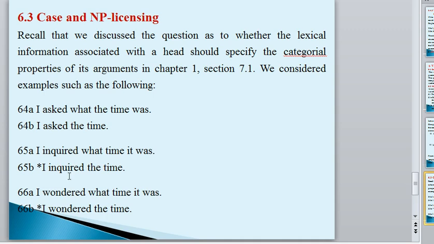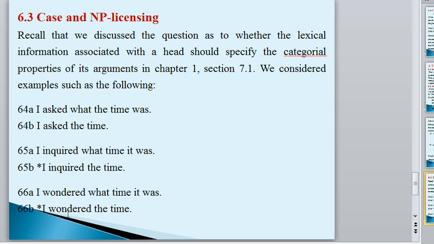That's okay, but we cannot say I inquired the time. We cannot use the NP near the verb inquire. This is ungrammatical. And the third one, I wondered what time it was. But we cannot say I wondered the time. Again, we cannot use this NP near wonder.